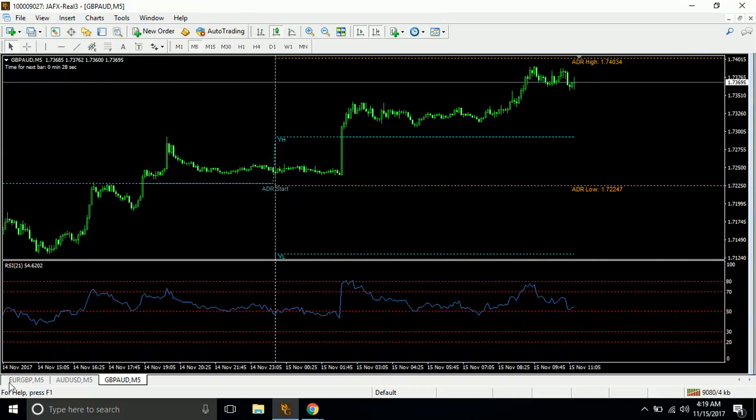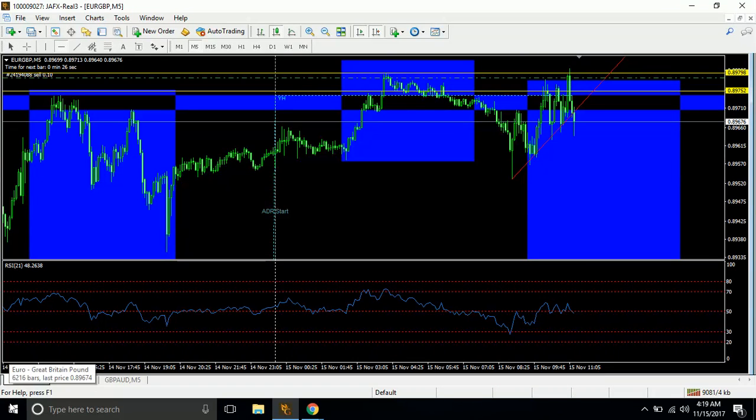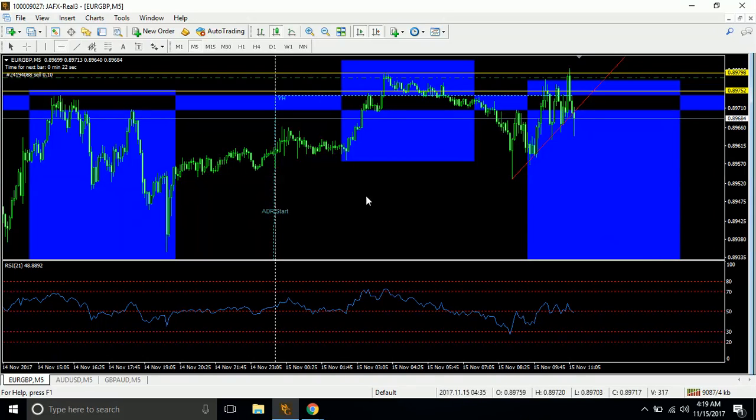Now, let me break down these 3 pairs, okay? The euro versus the pound. The euro pound's going down. That means the euro's getting weak and the pound is getting strong when compared against each other. They really run off almost the same currency, so it's really just a matter of whose economic forecast looks more prominent.